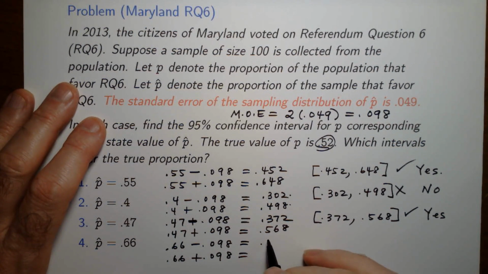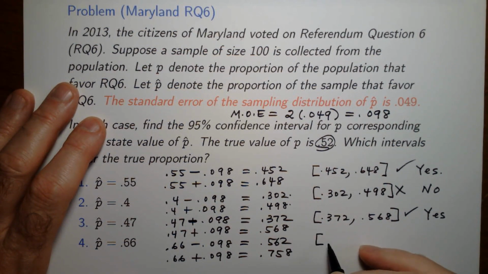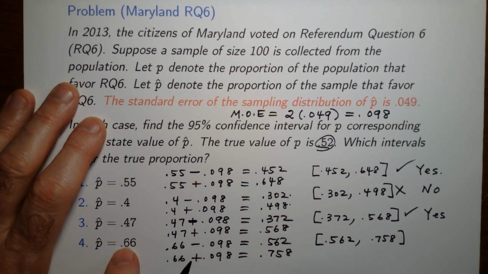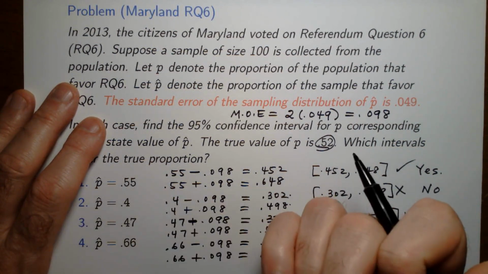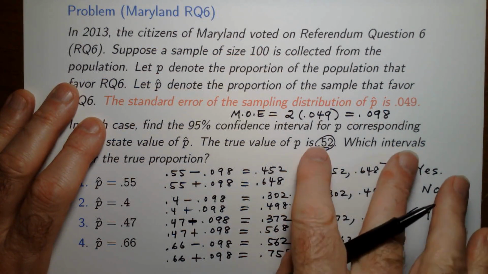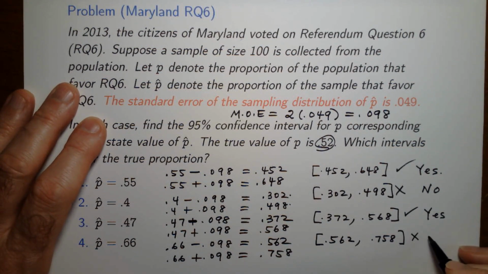We'll have our left endpoint at 0.562 and our right endpoint at 0.758. So we'll be going from 0.562 to 0.758. And now we can see that because our P hat was so far to the right, it dragged the confidence interval over and it no longer covers. So this one is a no.